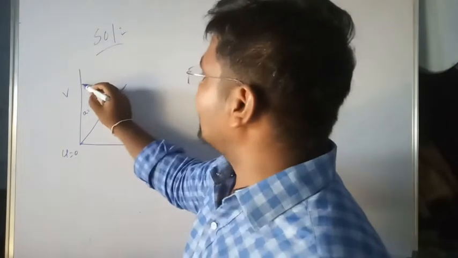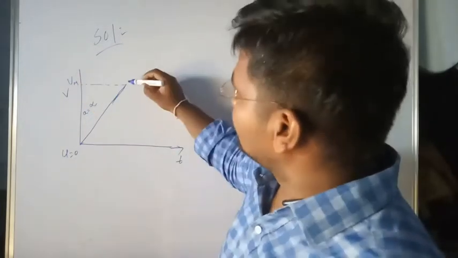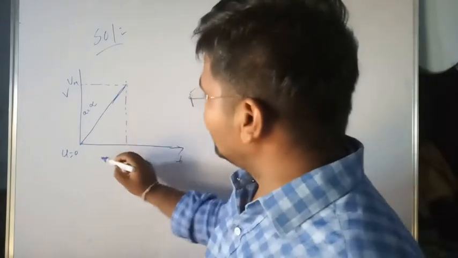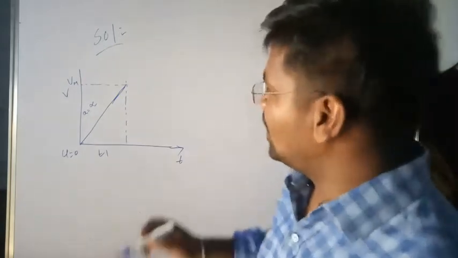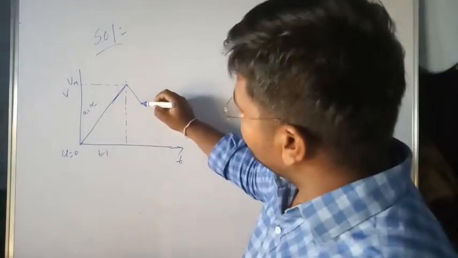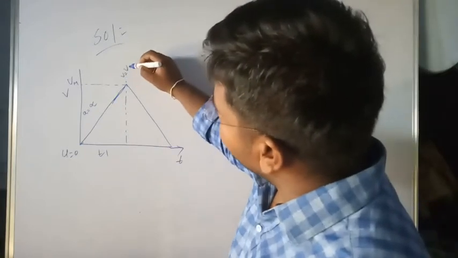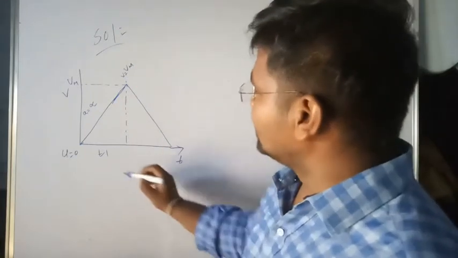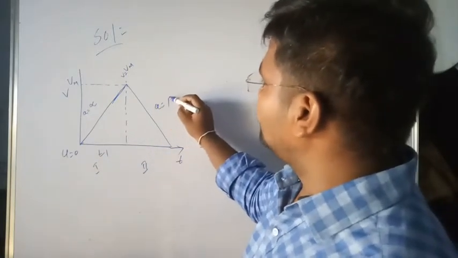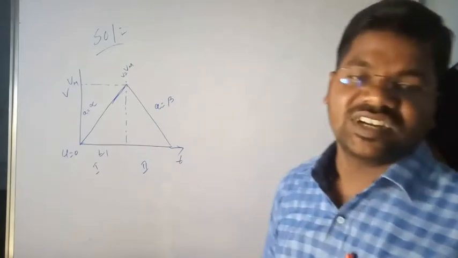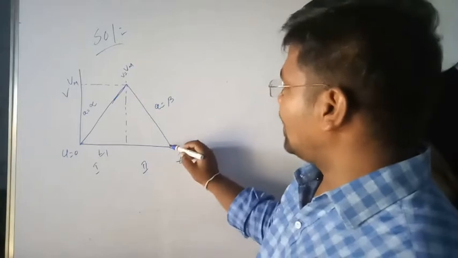It reaches maximum velocity V max in a given time T1. After reaching maximum velocity, the body decelerates uniformly. This is the second case, acceleration a is equal to beta, and beta is denoted as the deceleration. Understand here.